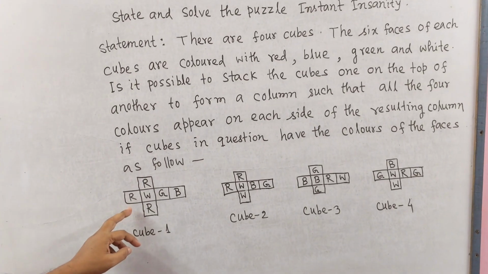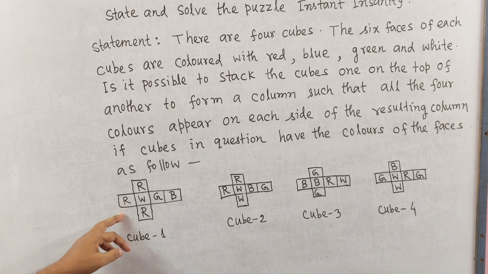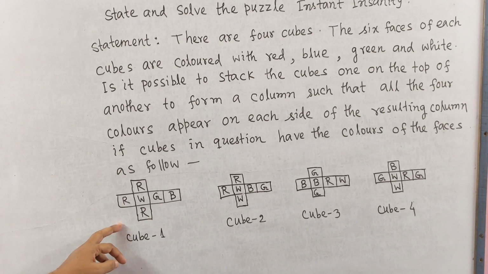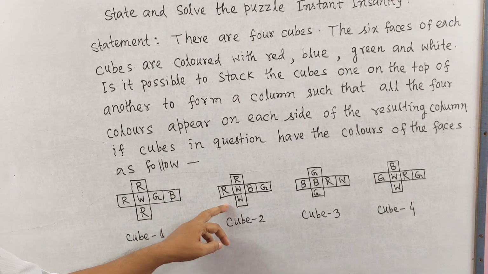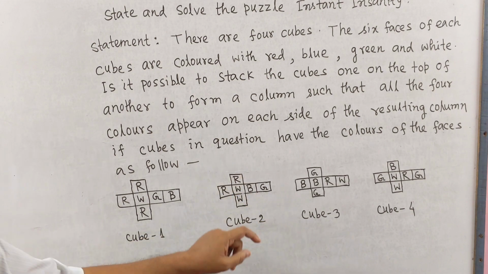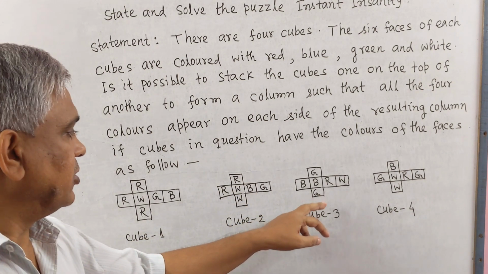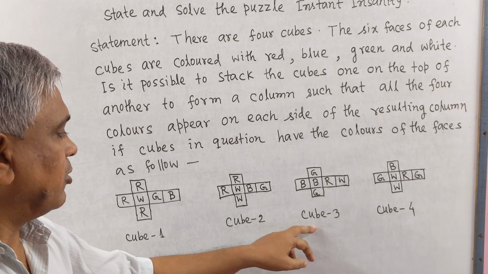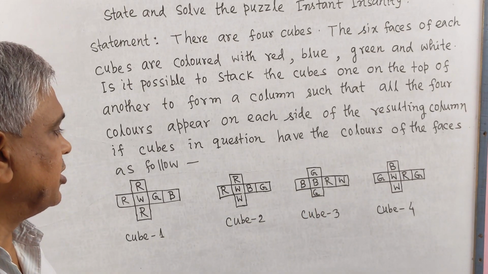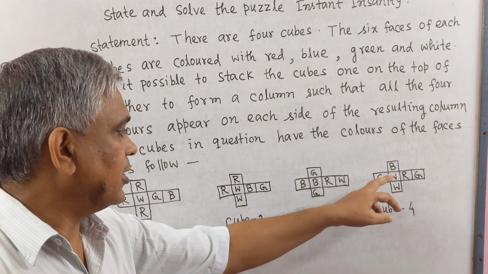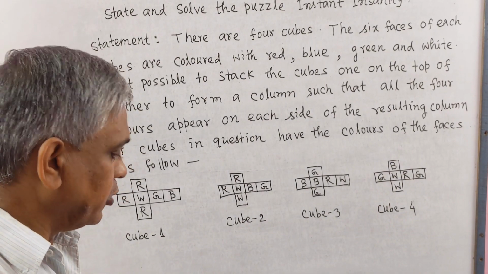This is cube number 1. Color of each face is given like this. This is cube number 2. Color of each face is given. Here this is the color of each face of cube 3. This is the color of each face of cube 4.